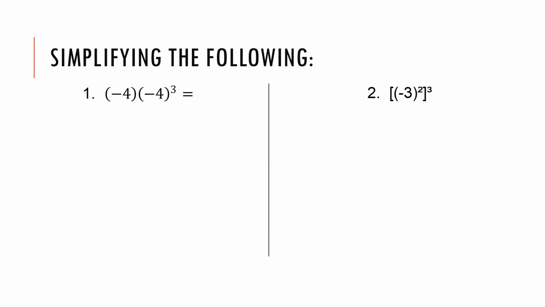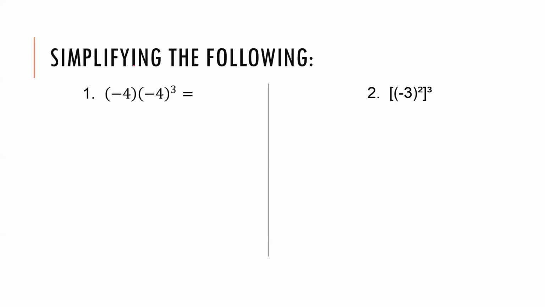So looking at numbers 1 and 2 in your notes, number 1, I have -4 times -4 to the 3rd power. Which law is being applied here? Or could be applied? Number 1. Law number 1, because this is multiplication. This is product.